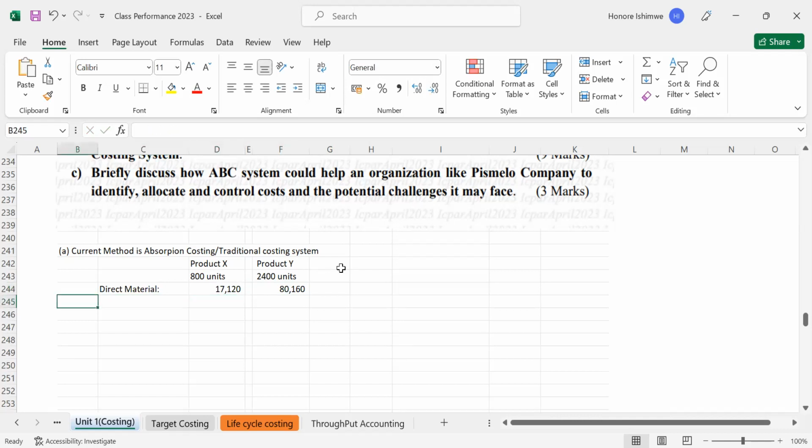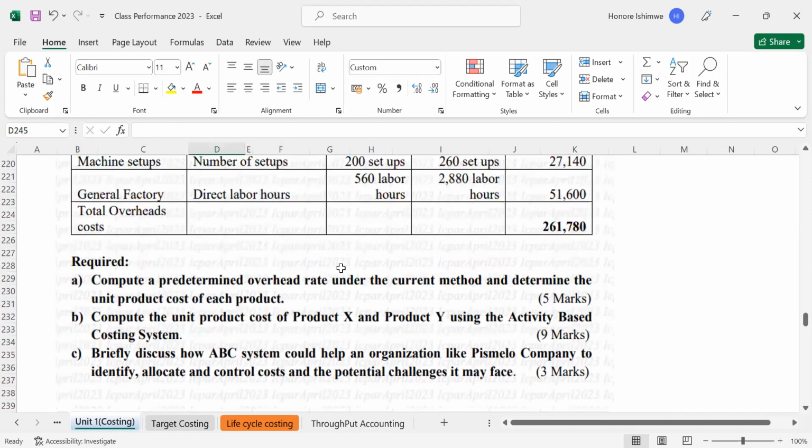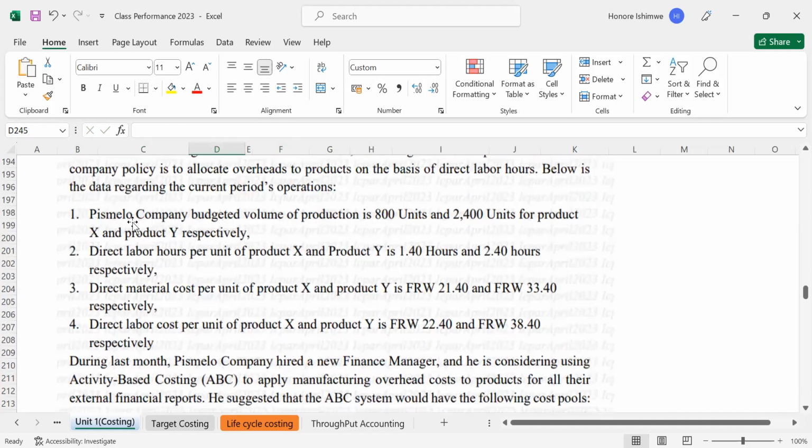Okay, then we go to direct labor cost. When you look at this information, you have the direct labor hours per unit, the hours needed to produce product X and product Y. They say 1.4 and 2.4. So we need how much they pay for 1 hour, because we have the hours spent in production.